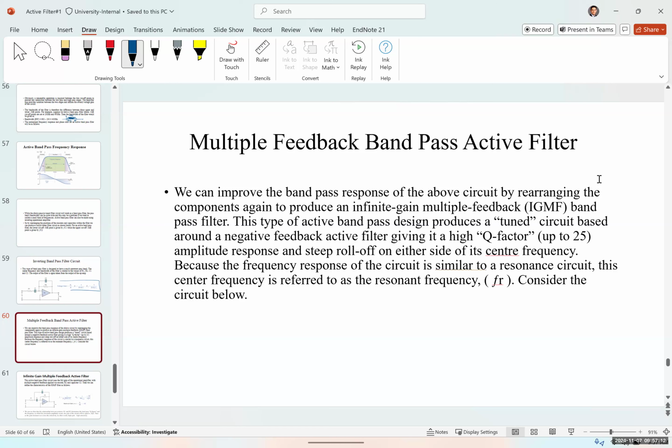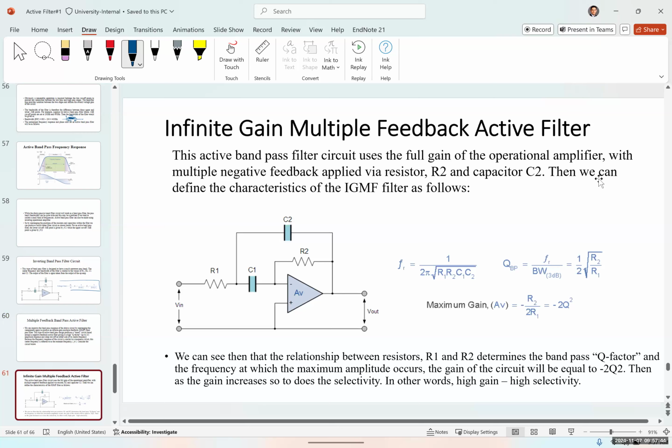This type of active bandpass design produces a tuned circuit based around a negative feedback active filter, giving it a high Q factor of up to 25, amplitude response and steep roll-off on either side of its center frequency. Because the frequency response of the circuit is similar to a resonance circuit, this center frequency is referred to as the resonant frequency, or FR, considered in the circuit below.